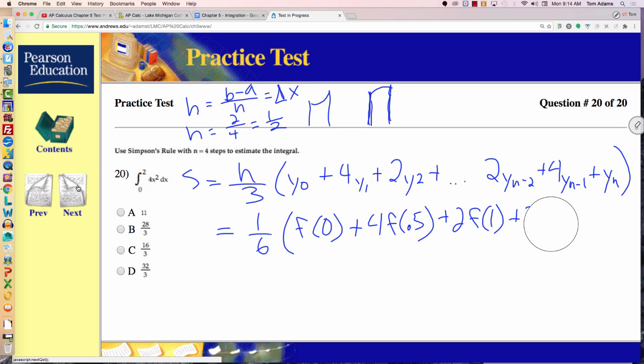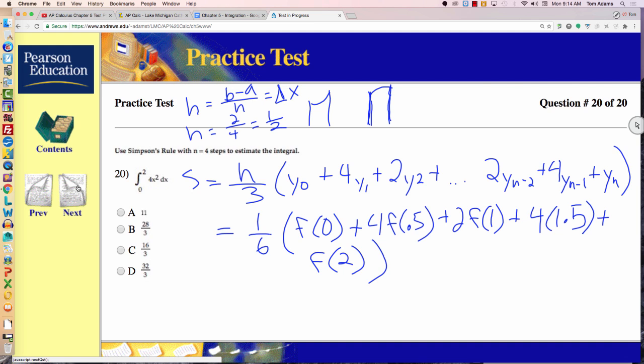Because the last one's got to be 4. So 4 f of 1.5, yeah, plus f of 2. Okay, let me just double check, make sure I did that right, because it's 2's in the middle and then 4's on the end. So I have 1, 4, 2, 4, 1. Yep, that looks right.